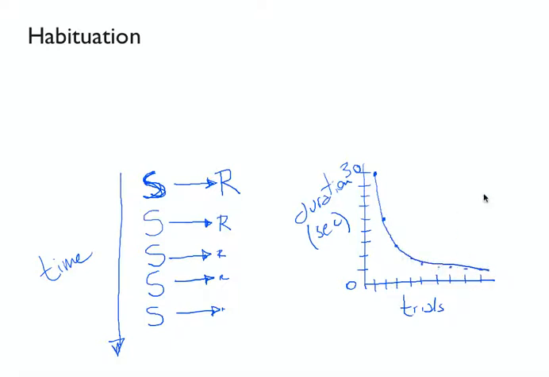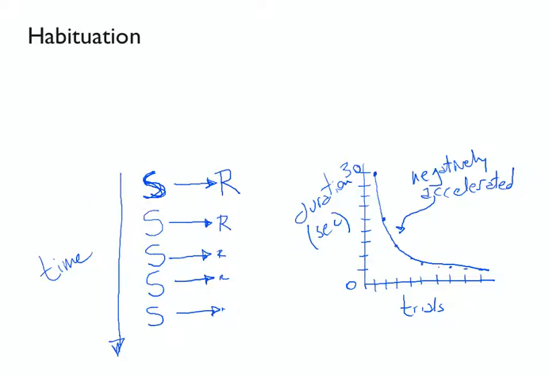And as you can see, this is a negatively accelerated function of magnitude of response relative to trials. In each trial there's a presentation of the stimulus.